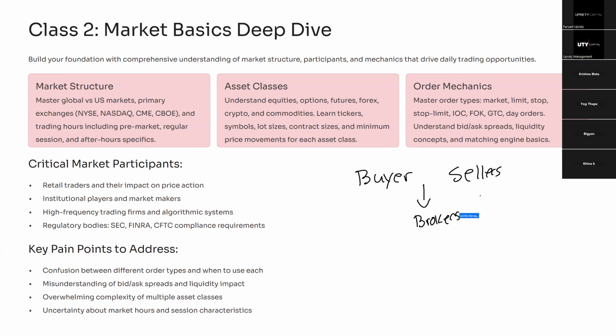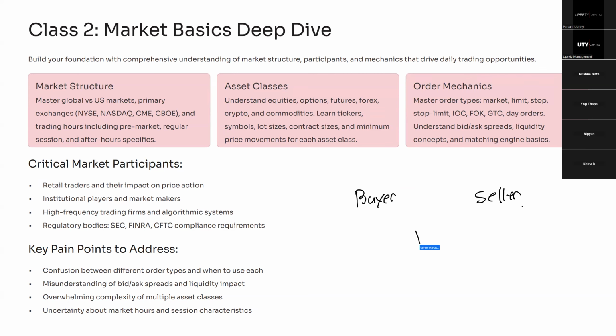So just to show you how trading works in general, there's always going to be a buyer, a seller, and a broker. Whenever you place your orders, whether you're buying or selling, your orders get routed to the exchange, whether it be NYSE, CME, the Nasdaq, or CBOE.